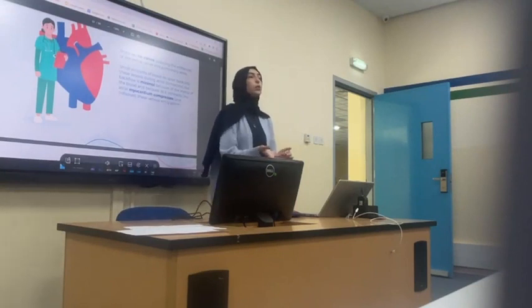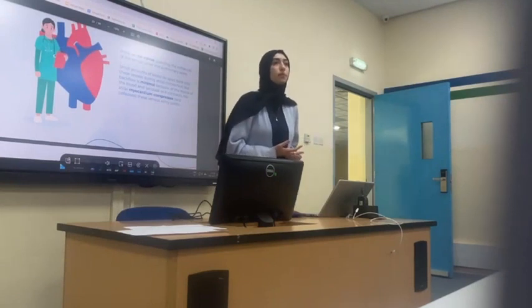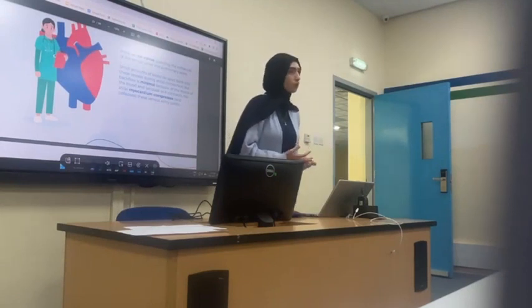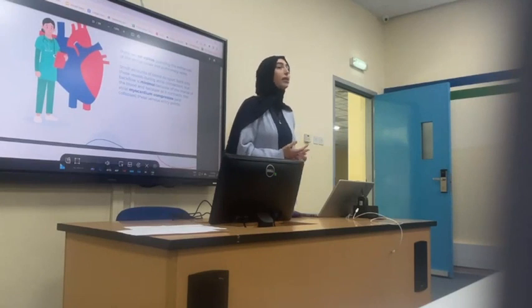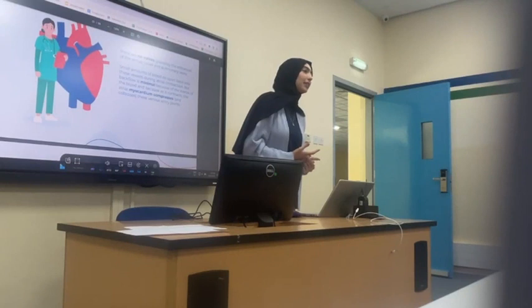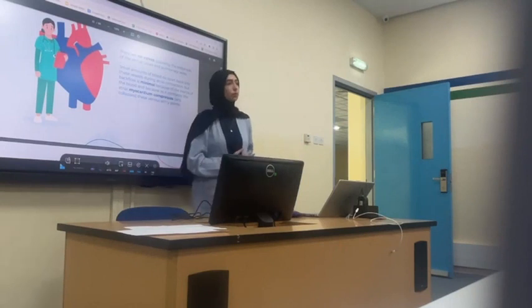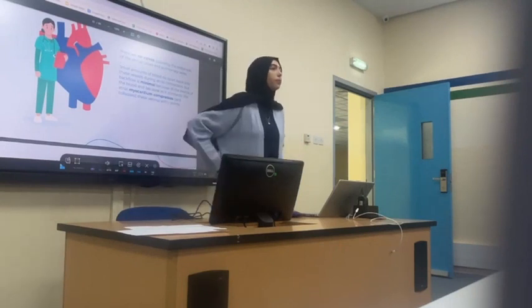Okay, so why do we have a coronary circulation in the first place? Because the big blood vessels don't send blood to the heart itself, and the heart muscle needs blood for moving and working. Exactly.